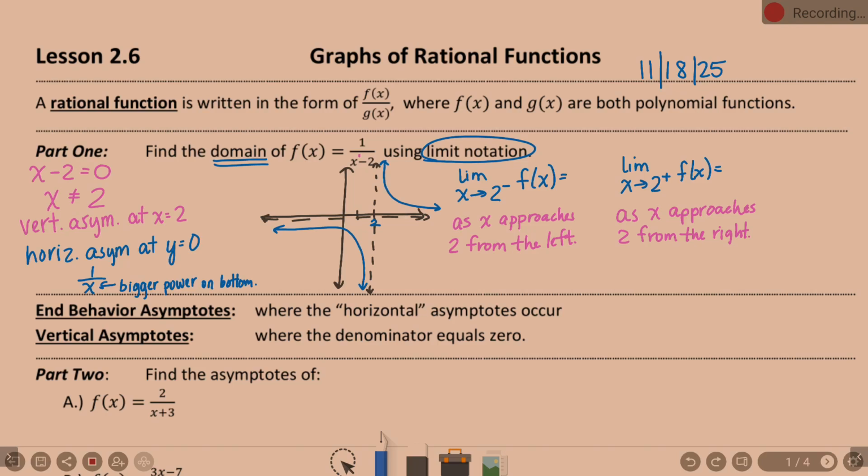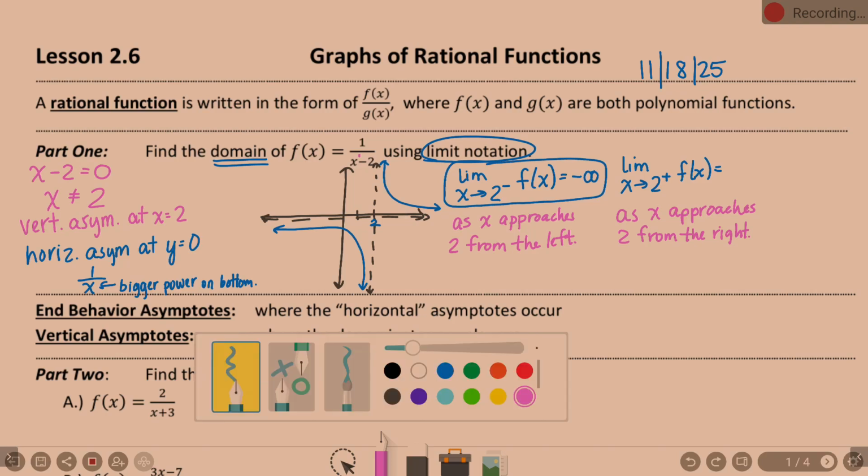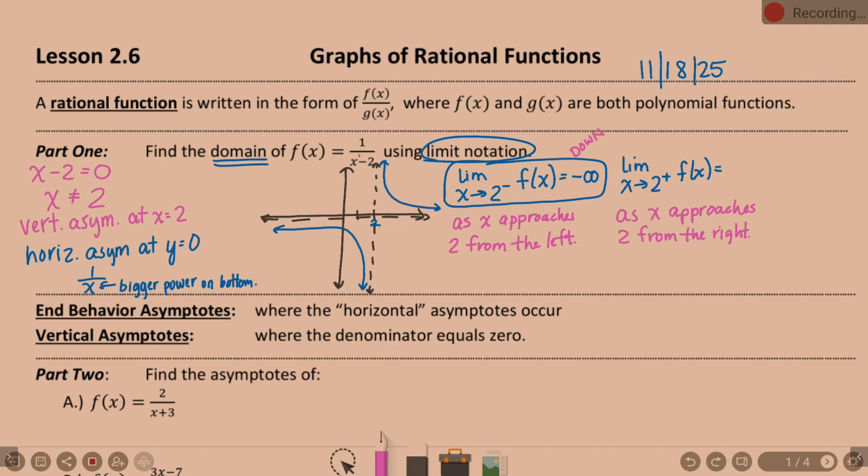Negative. Negative infinity. Okay. So that is one of our answers. And there's your, I'm giving you cheat words today, right?